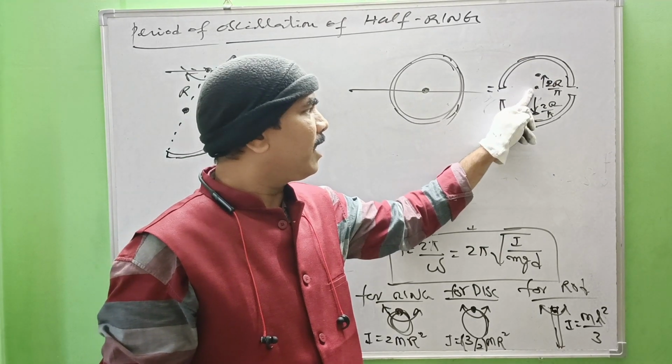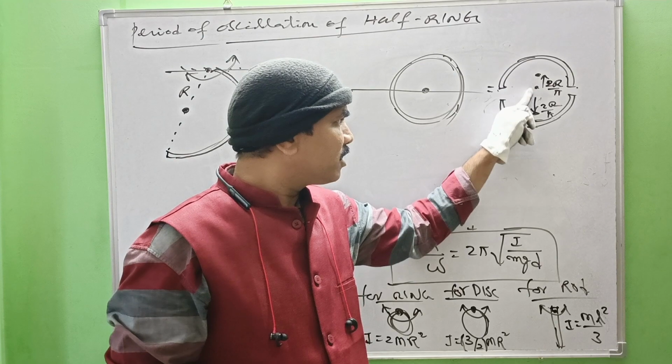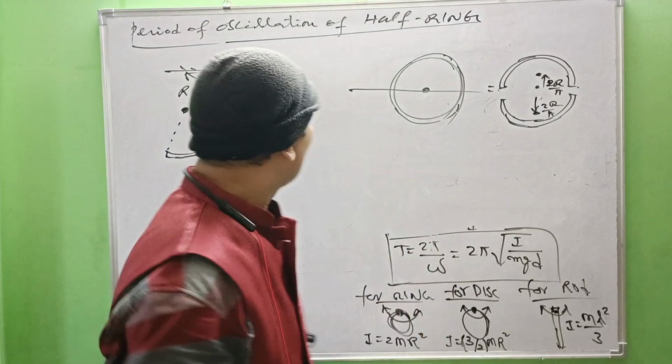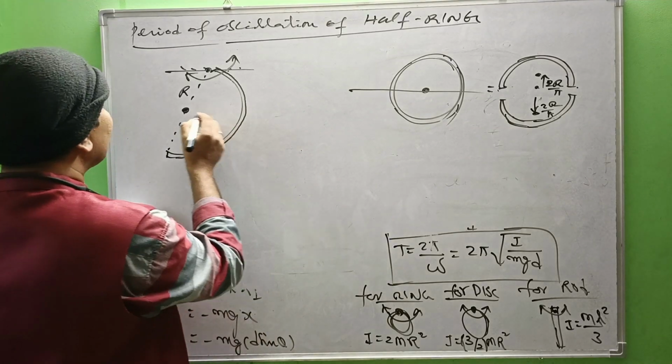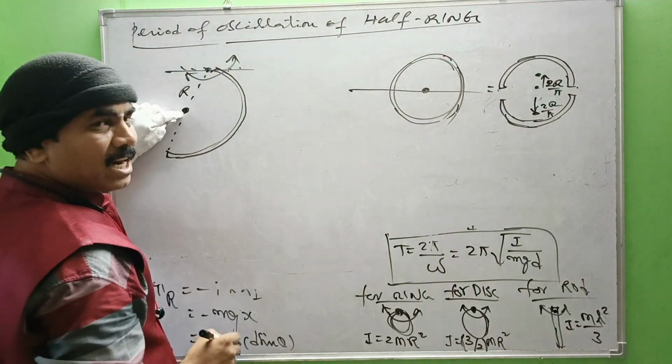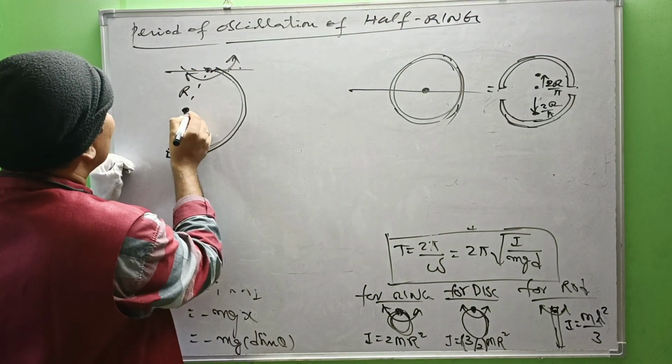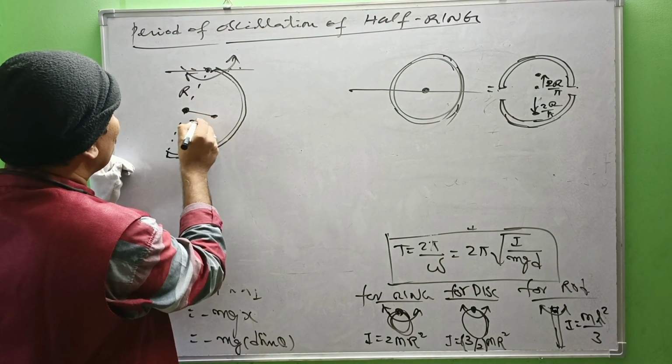In the same way, this was the previous position of the center of mass with its full form, but when it is cut into two halves, the center of mass shifts to a distance 2r by pi.